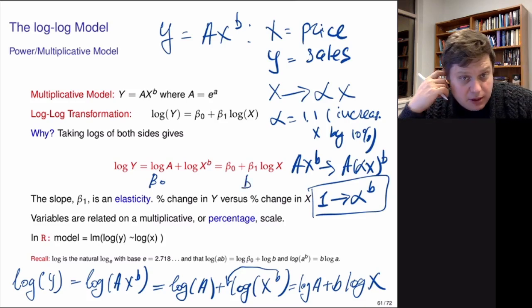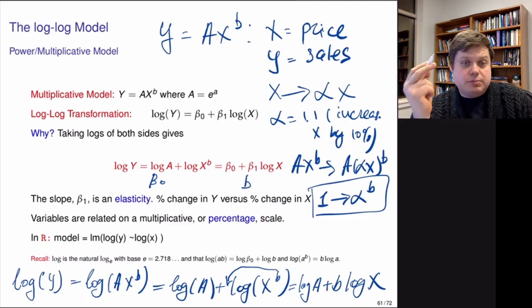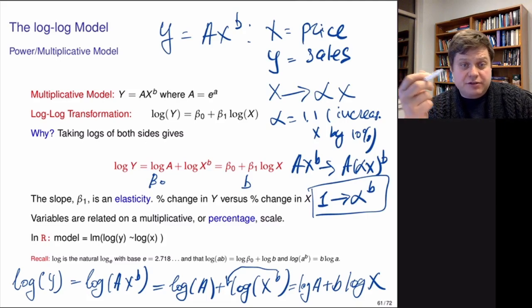This coefficient b, or beta 1, is called the elasticity, and it gives the percent change in y versus the percent change in x. When variables are related on the multiplicative scale, putting them on the logarithmic scale makes them linearly related in an additive fashion.